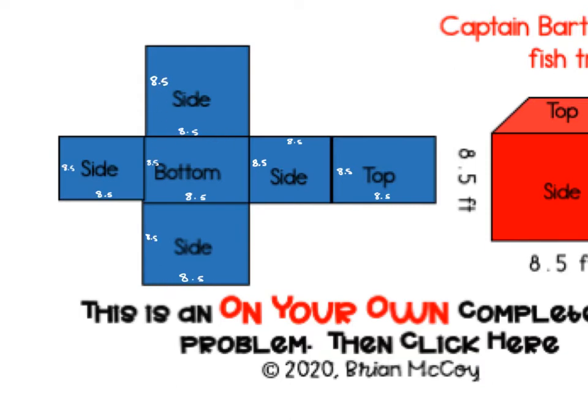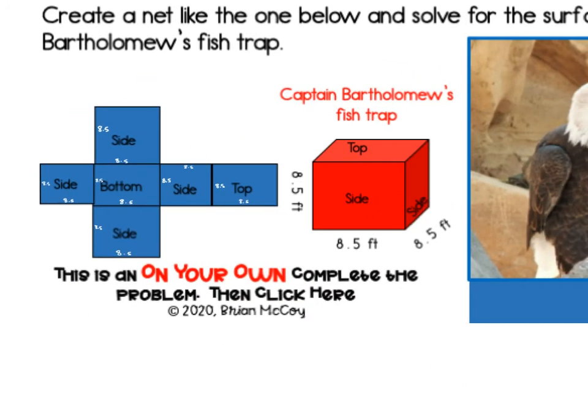Now, I will also say that since this is actually a cube, which means that all the sides are the same, we really could have just plugged all these numbers in without even having to figure out where they belong.